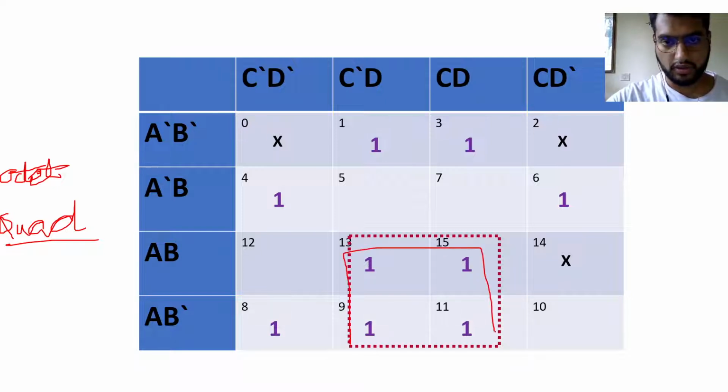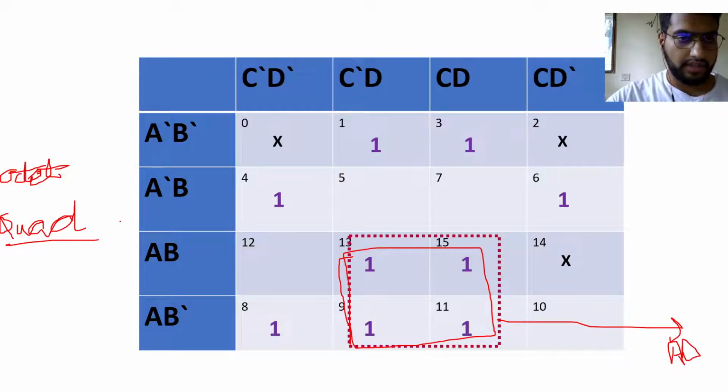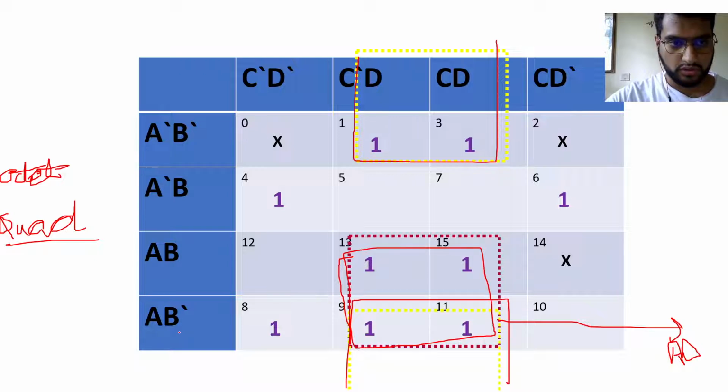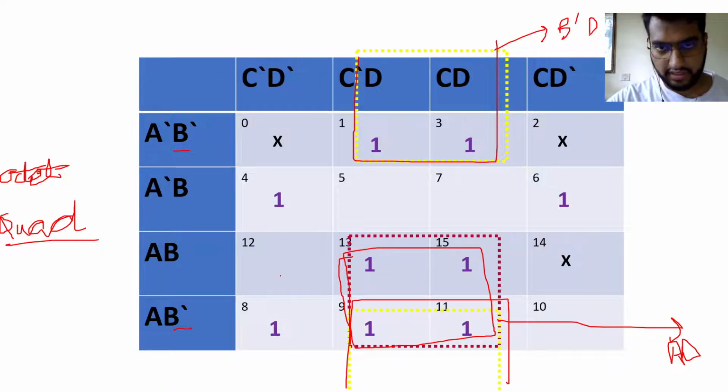This is a chord, and the contribution from this chord is A and D, AD. Then we have this another chord marked by this yellow dashed square. The contribution from this chord will be B dash D. Are there any remaining minterms?